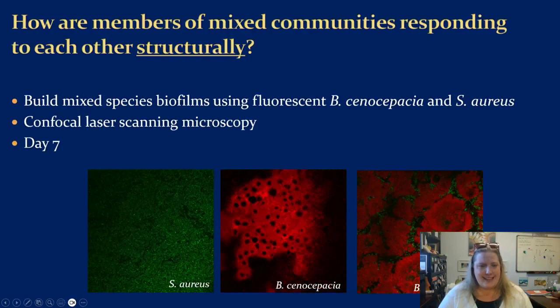And by day 7, you have this dense mat of Staph aureus on its own. The Burkholderia cenocepacia have these large clusters of water channels and mushroom shapes. And then once again together, you actually have this really weird pattern, where the blanket isn't there, the Staph aureus is kind of clumped up, and the Burks are growing on top of that.